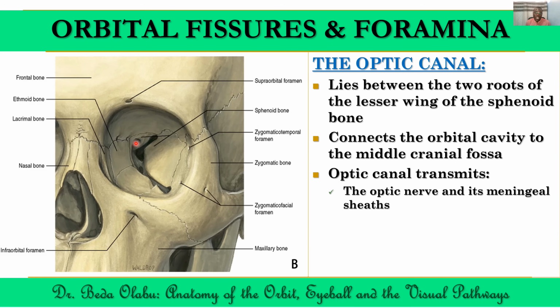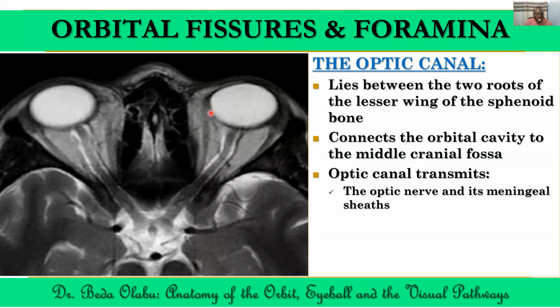So usually the optic nerve is covered by the meninges, including dura mater itself, and so it also has subarachnoid space within it. So the meningeal sheath of the optic nerve, together with the optic nerve, passes through here. This image captures that very well. So this is the optic nerve itself.